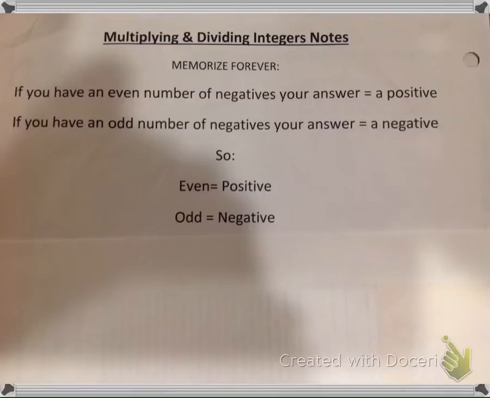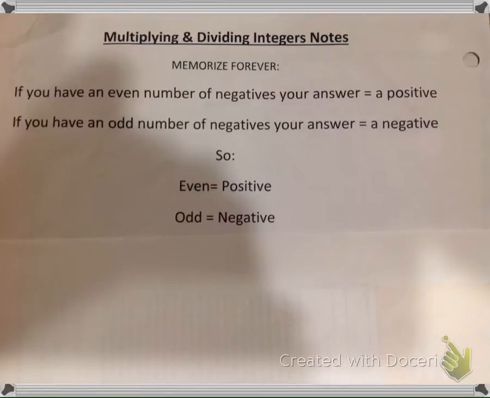So if you have 2, 4, 6, 8, 10, 12, 36, 98, 144 negative numbers, your answer will be positive. If you have an odd number of negatives, your answer will be negative.